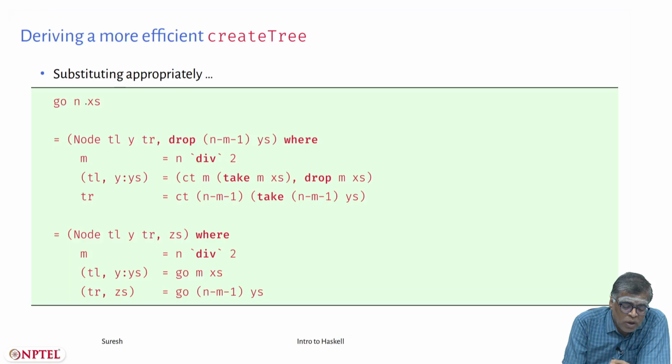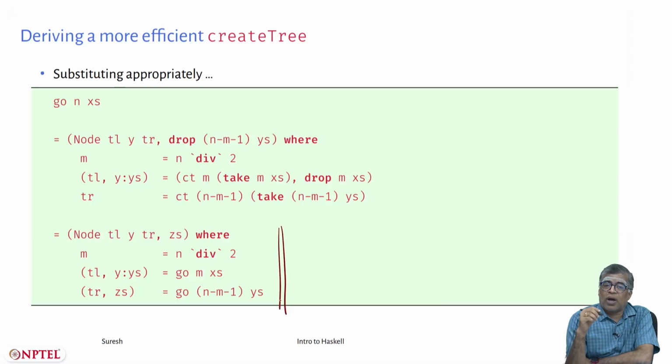Once again, go of n x's is node tl by tr comma drop n minus m minus 1 y's, where m is n div 2, tl, y colon y's is ct of m of take m x's, drop m x's. tr is ct of n minus m minus 1 of take n minus m minus 1 y's, the same as this. I urge you to go back and check these calculations. I have done all the calculations and you finally have this.